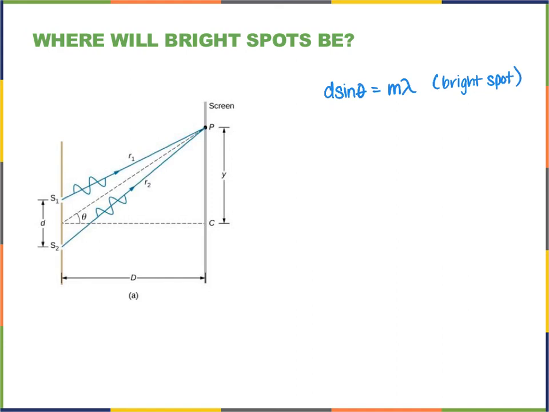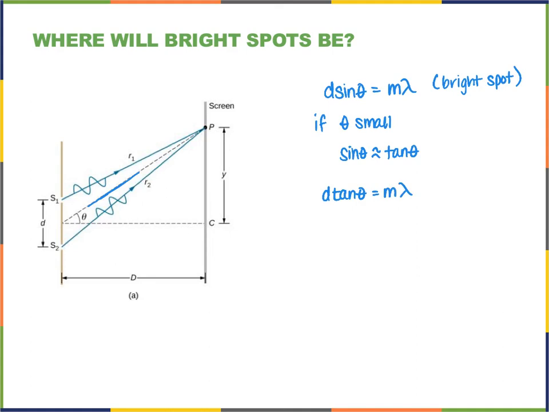Now, the sine of theta would be y over this distance here, this hypotenuse of our triangle. But if theta is small, which usually it is, we can say that the sine of theta is about the same as the tangent of theta. And so we can make this into d tangent theta is equal to m lambda.